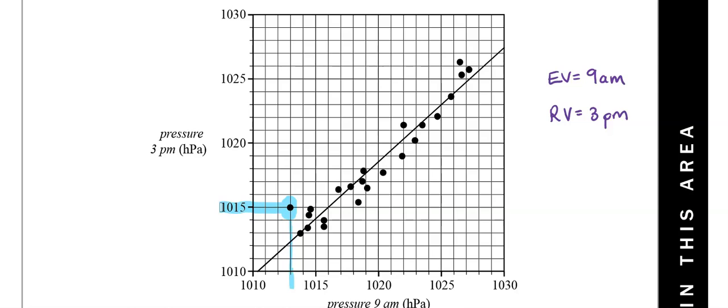So that means the actual value there is 1015. Now remember, your residual value is the vertical distance from this point to the prediction made by the line. We can see that it is more than 2 units, approximately 3 units, but because we have the equation, we want to find the exact distance according to the variables and the equation that we have, and then round our answer rather than making an estimate.